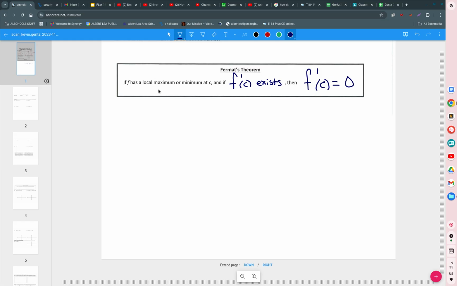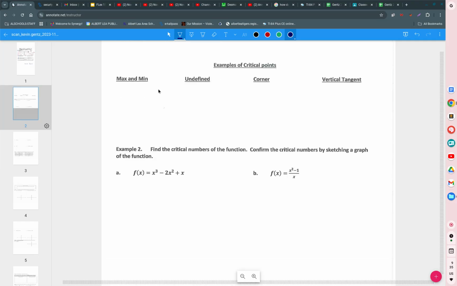Local maximums and minimums happen when the derivative is equal to 0. So, critical points. We've talked about this type of stuff a little bit before, but first let me give you an example.